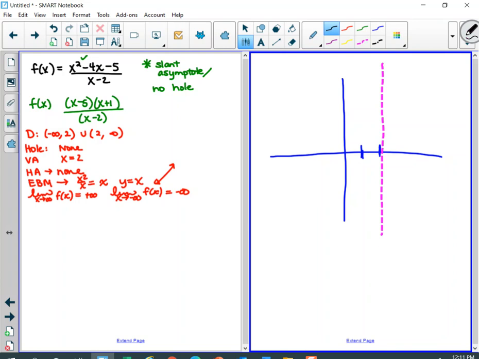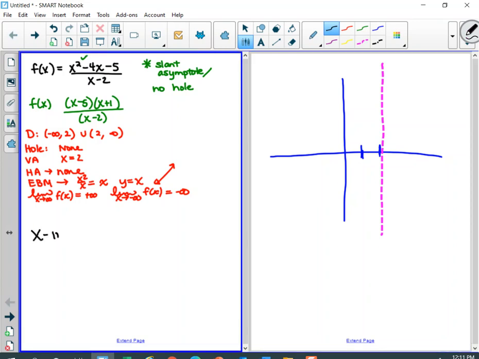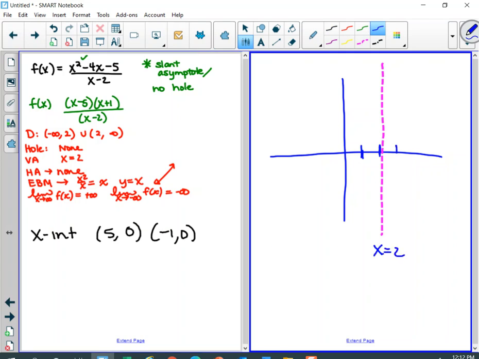Now, some other stuff that can help me, my x-intercepts are at 5 and negative 1. All right, so this is x equals 2. So 3, 4, 5. And negative 1.